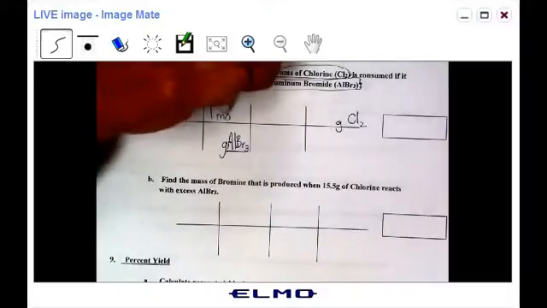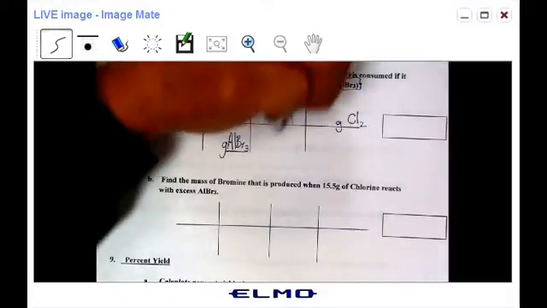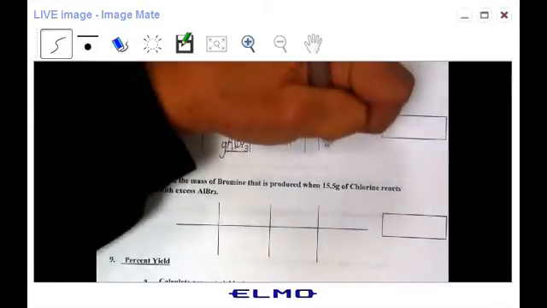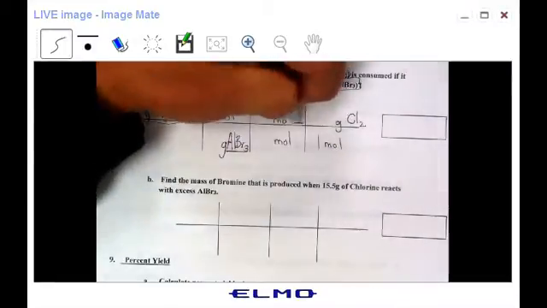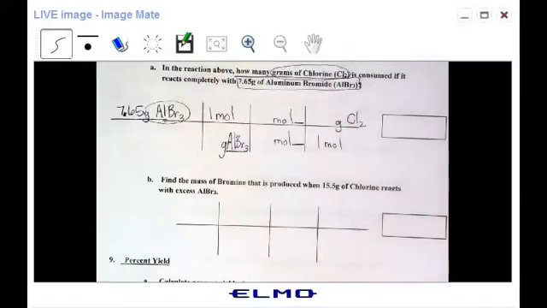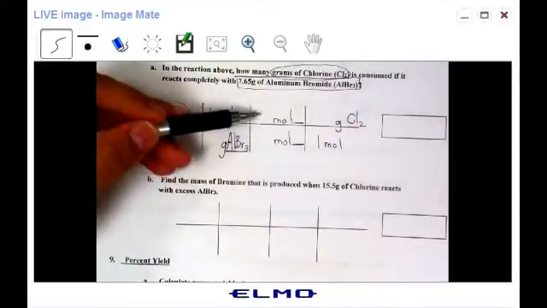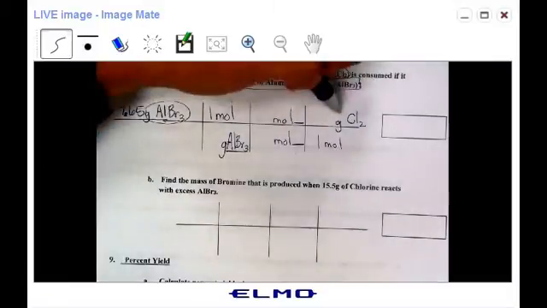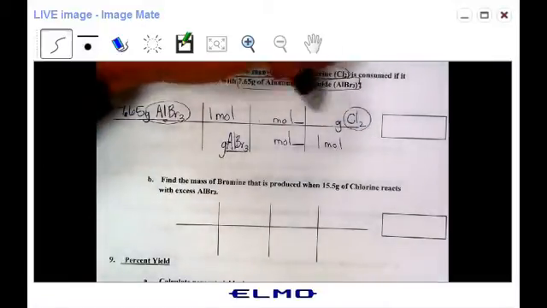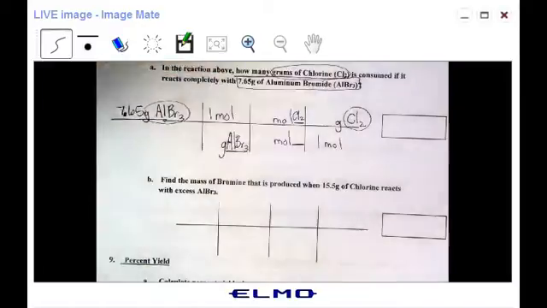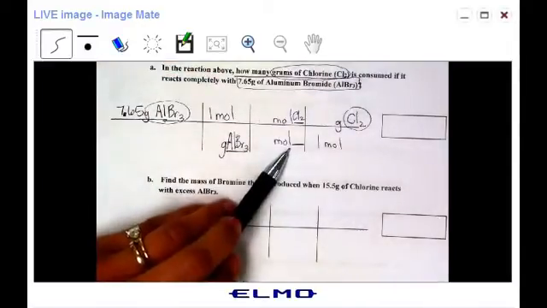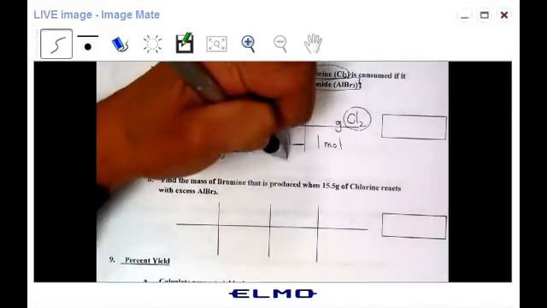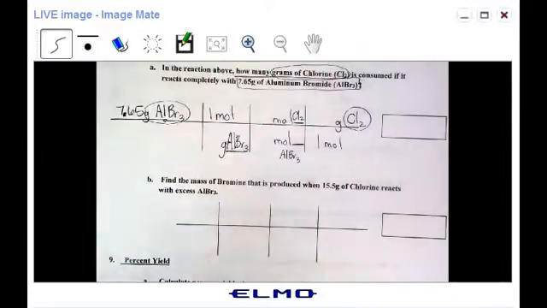One mole goes on top, mole, mole goes here, and then 1 mole goes here. We do need to know moles of what, though, for these 2 boxes only. Your unknown is what goes on the top, what you're looking for. We said we were looking for Cl2. What you do already know, what you were given, goes here, which is AlBr3.